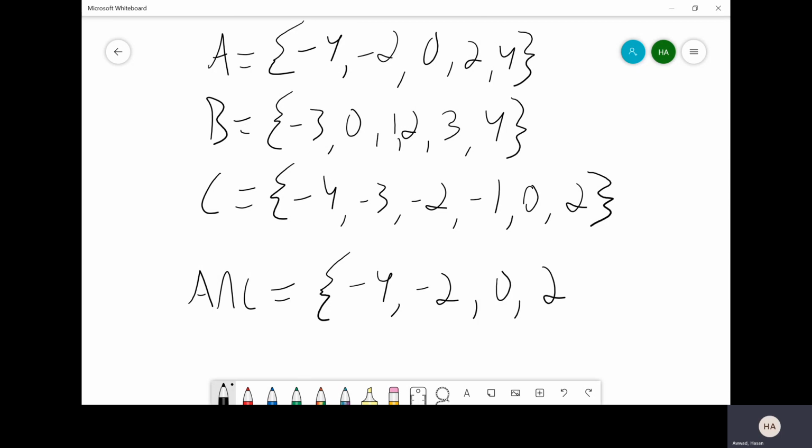Well, I should write them in order, 0 and 2, just for clarity. And that's it. There's nothing else that's going to be in here, right? -3, -1, and 4 are all found in their individual sets, but not found in both. So for the intersection, we're only looking for the ones shared between them, right?